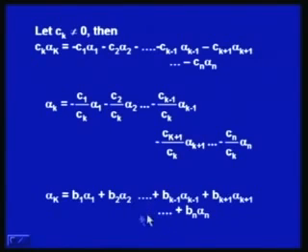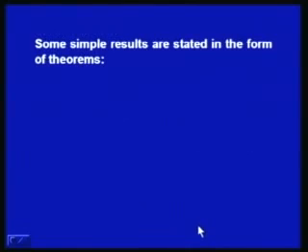By this I mean that I have expressed alpha k as a linear combination of alpha 1, alpha 2, alpha k minus 1, alpha k plus 1 up to alpha n. That is, alpha k is expressed as a linear combination of the rest of the vectors. That is how we prove the theorem.